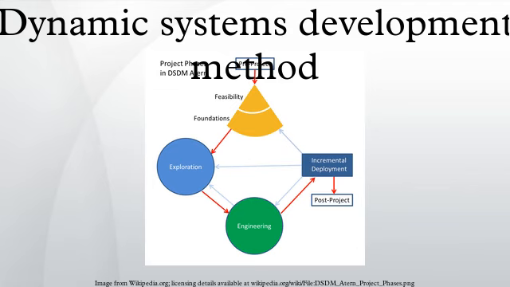Abrahamsson, Salo, Ronkainen and Warsta, Agile Software Development Methods: Review and Analysis, VTT Publications 478, pp. 61-68. Tuffs, Stapleton, West, Eason.